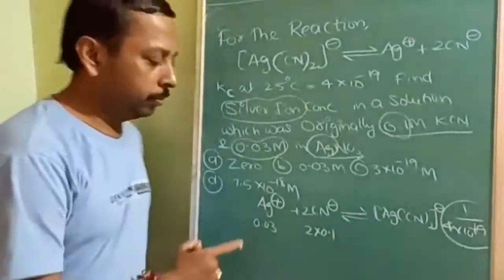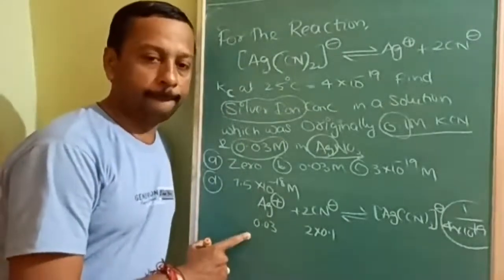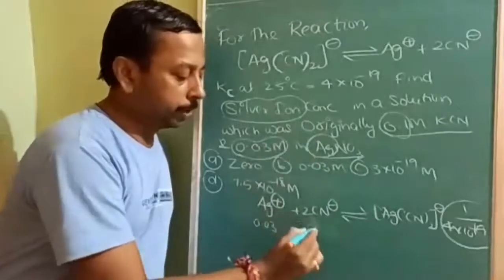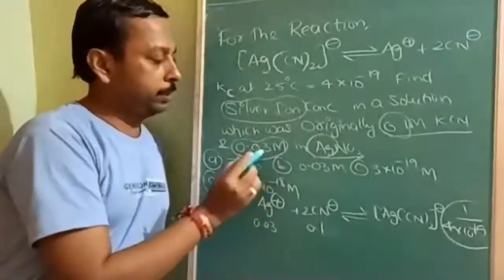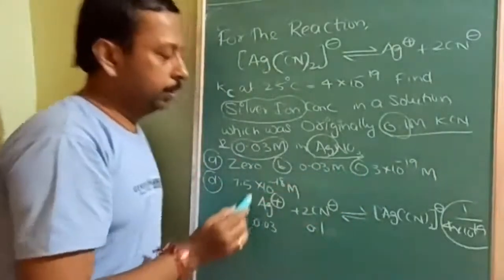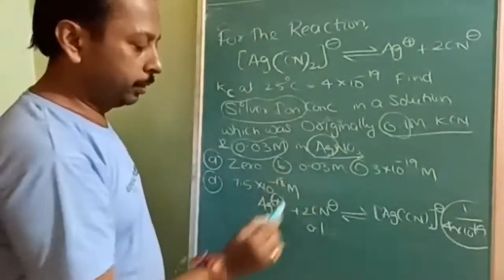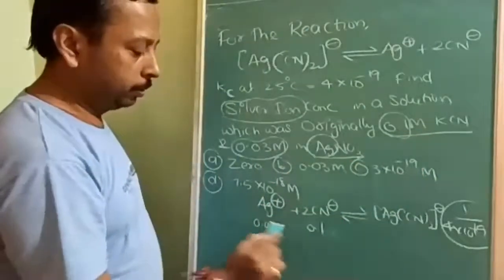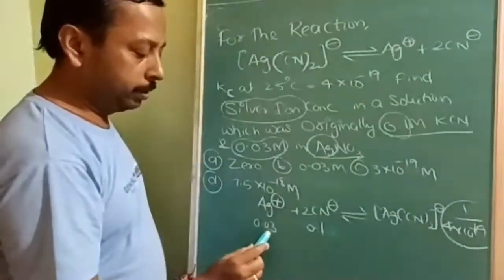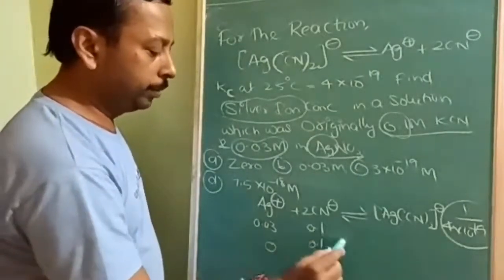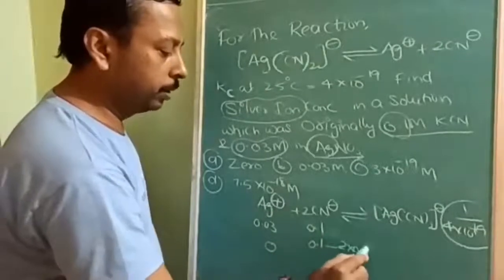Now, who is the limiting reagent here? Sorry, CN minus concentration is 0.1, initially already present. Silver is 0.03. Why am I taking this? 0.03 will be the concentration of silver plus, CN minus will be 0.1. So who is the limiting reagent? Silver is the limiting reagent, so this will be 0. This will be 0.1 minus 2 into 0.03.